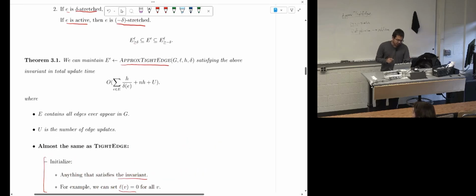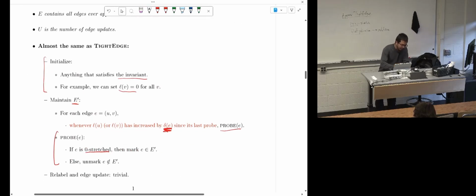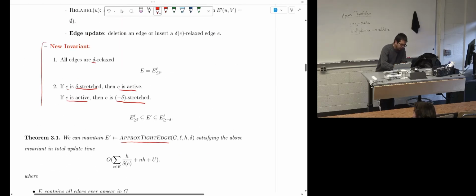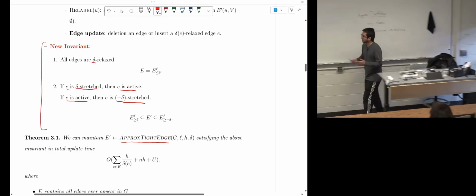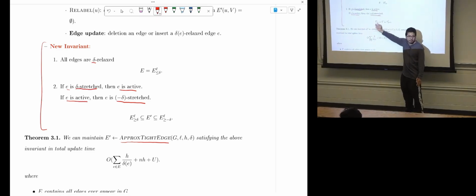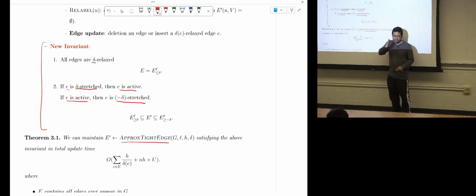And with this, we basically can maintain the TightEdge set. I will not go over this, but I hope you see intuitively now that this should be true. It's just every edge has its own frequency, and you just check whether it should be active or not with a delta frequency.